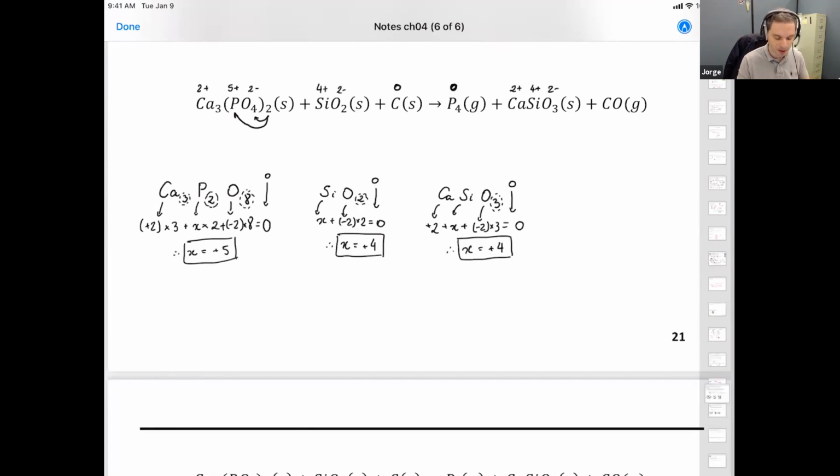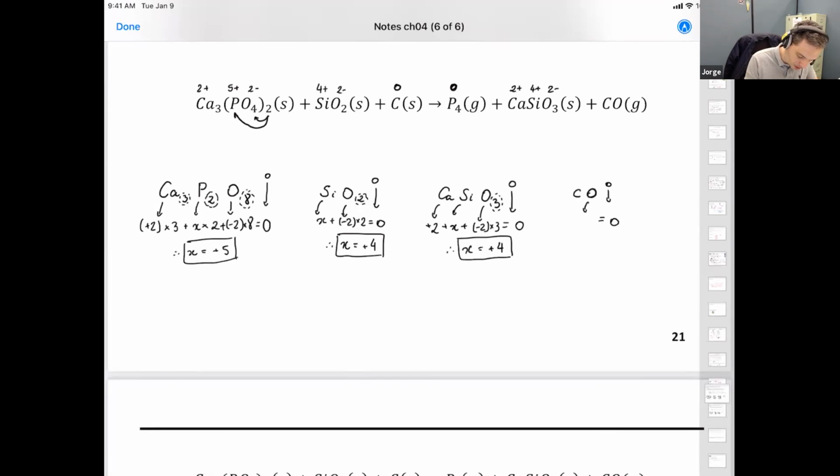And finally, the last molecule, carbon monoxide. Again, this is a neutral molecule, which means the sum of the oxidation numbers is 0.